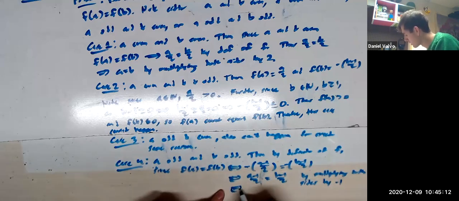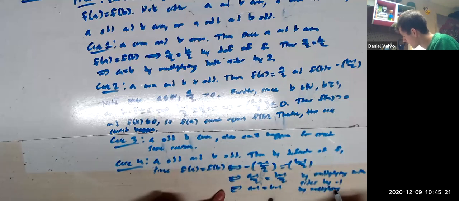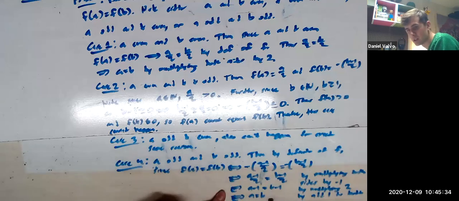And then for A minus 1 over 2, we use some algebra. This is A minus 1 equals B minus 1 by multiplying both sides by 2. This is going to be A equals B by adding 1 to both sides.